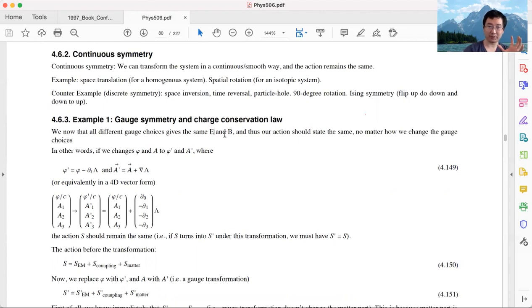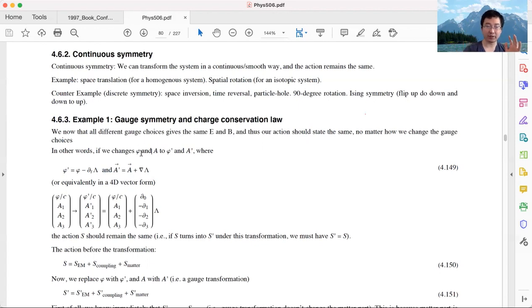For the same E and B field, I can choose to use phi and A to describe it, or I can choose to use phi prime and A prime to describe it. As long as phi prime, A prime and phi, A are related by this relation, the so-called gauge transformation, phi and A, phi prime and A prime, they describe the same E and B.